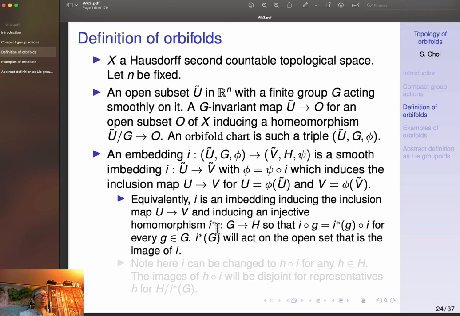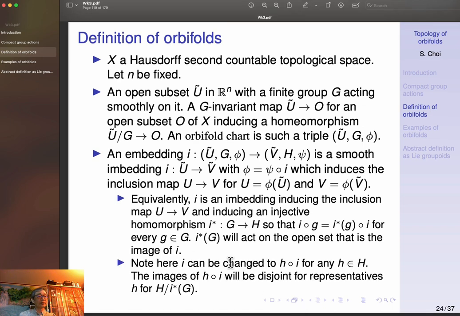Of course this is equivalent, but the proof is a bit hard, and it's probably in the paper of Moerdijk, so we will skip that.